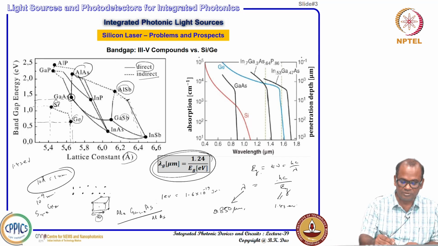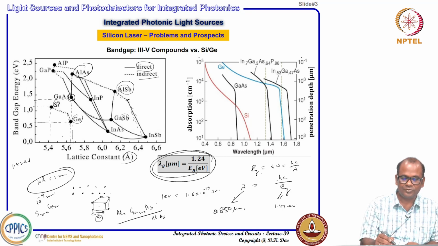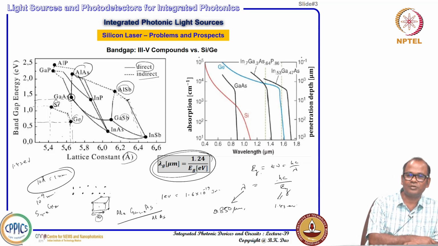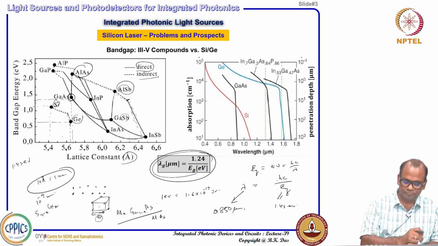Then as you keep increasing X, the lattice constant increases and the band gap reduces, and then it changes like this. So, the lattice constant changes, but still you will get an indirect band gap semiconductor. But nevertheless, indirect or direct, you can think of that.